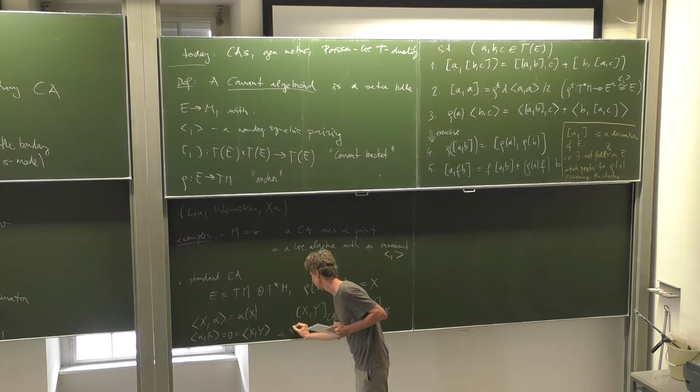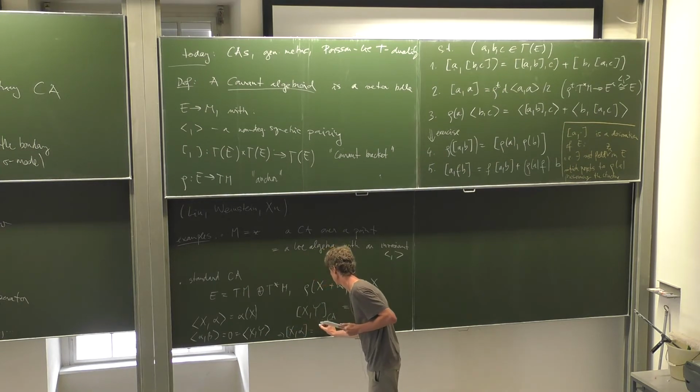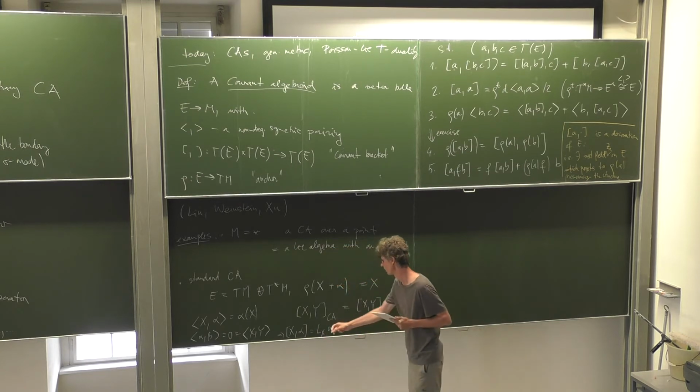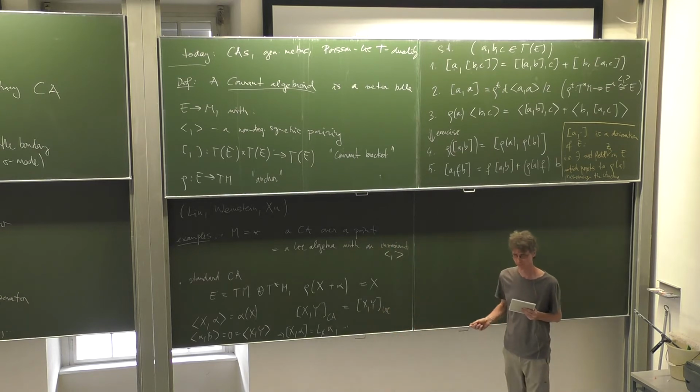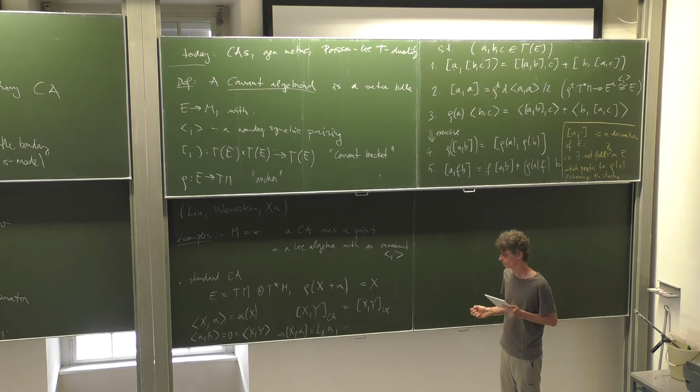So we'll get things like the bracket of X and alpha is the Lie derivative of alpha, etc. Everything else can then be computed. And this is some kind of natural Courant algebroid.